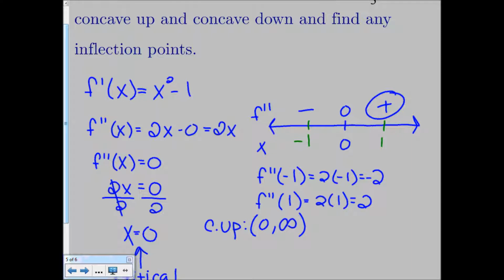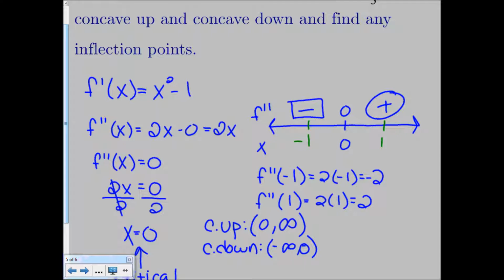And then we are concave down to the left of 0 where that negative sign is, and since there are no other critical values, it's all the way down from 0 to negative infinity, so we can write that interval as negative infinity to 0.